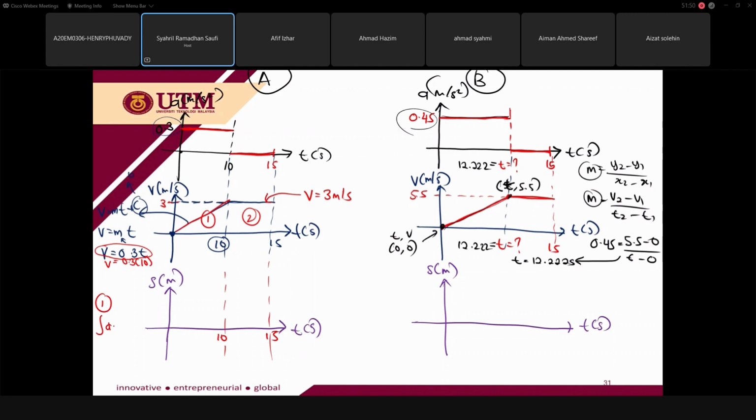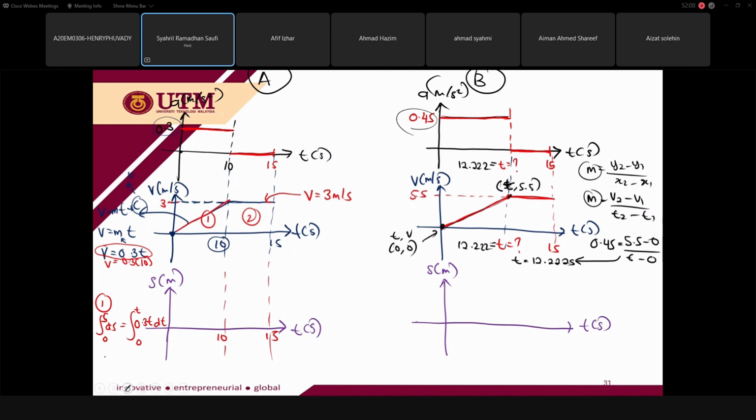For the first section, you know that the integration of displacement from 0 to s is equal to the integral of 0.3t dt from 0 to t.